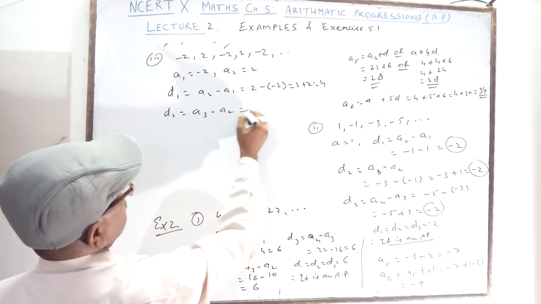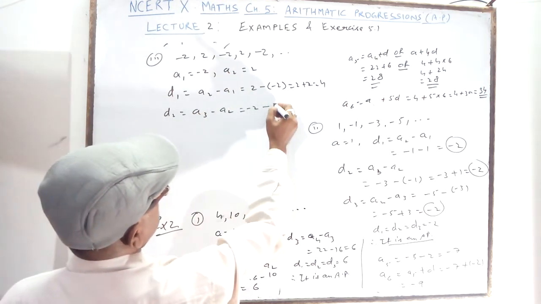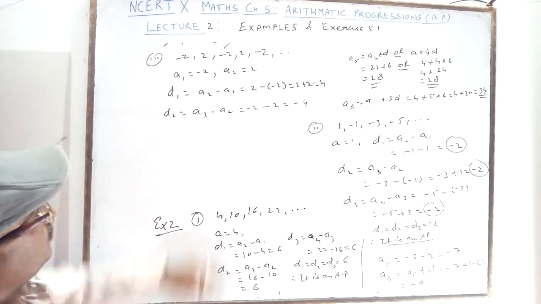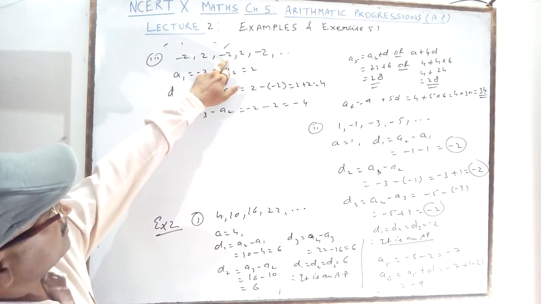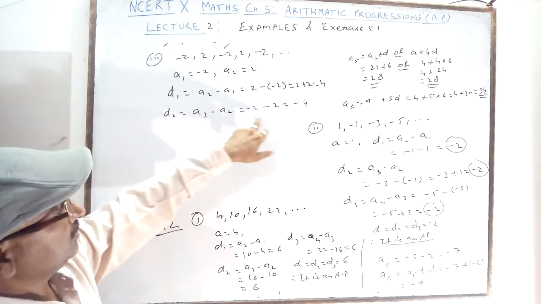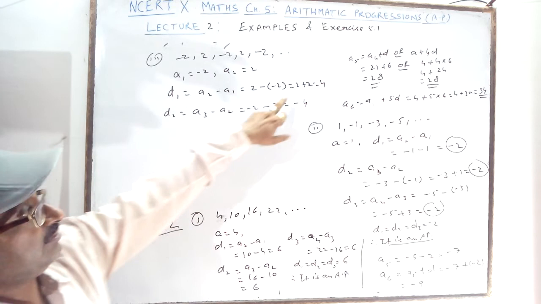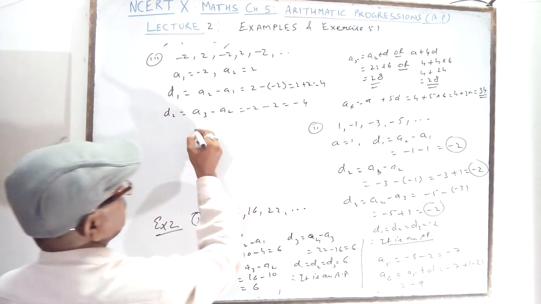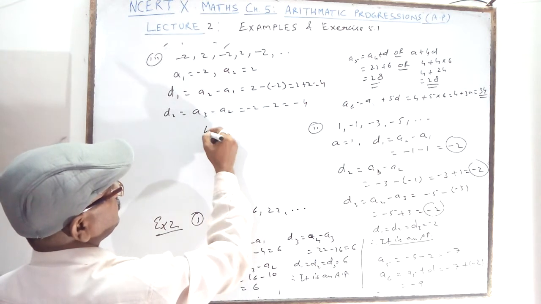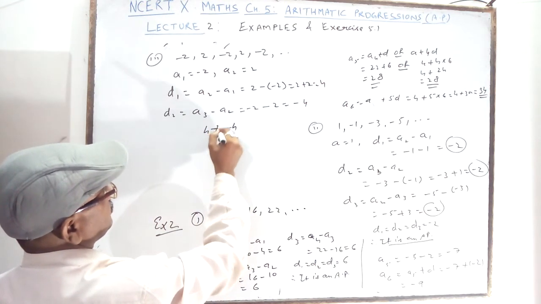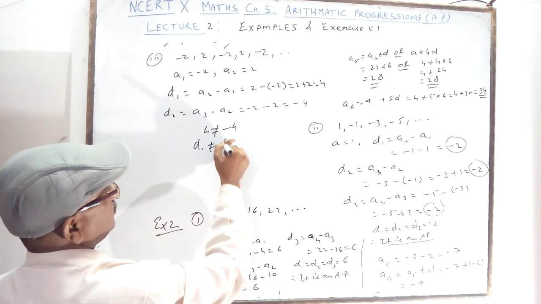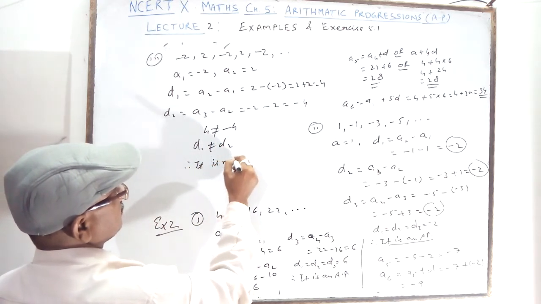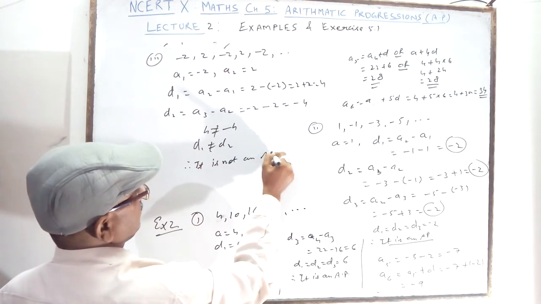A3 is minus 2, so minus 2 minus 2 is minus 4. So D1, 4, is not equal to D2, minus 4. So D1 is not equal to D2, so it is not an AP.